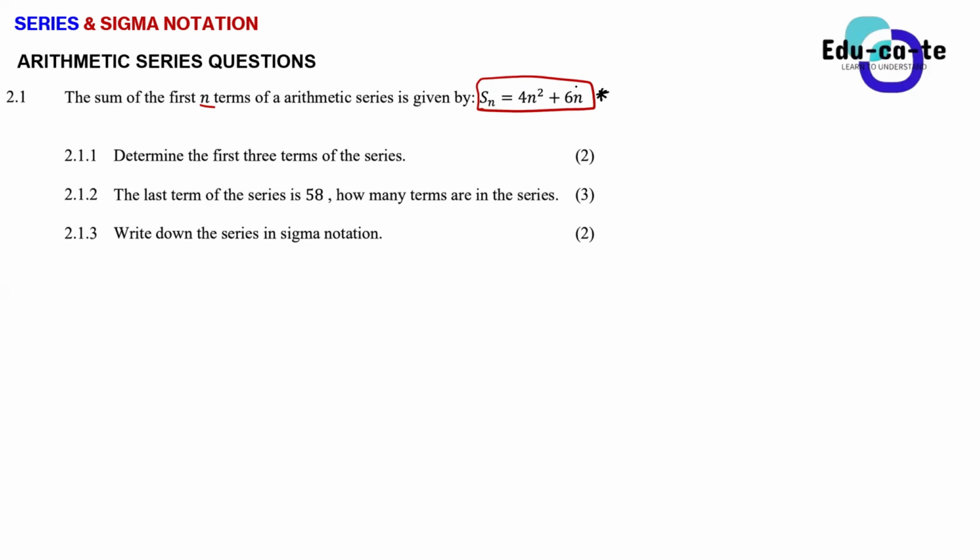Yes, Sam? Well, to find the first 3 terms, we need to use the formula Tn equals Sn minus Sn minus 1. Yes, that's one way. Let's hear from Mandisile.